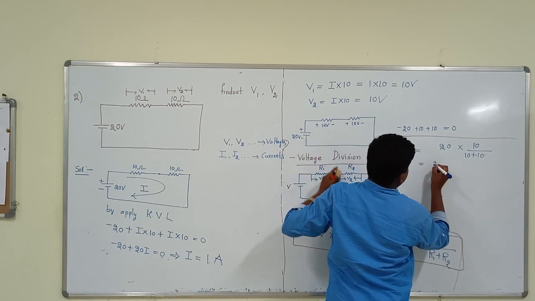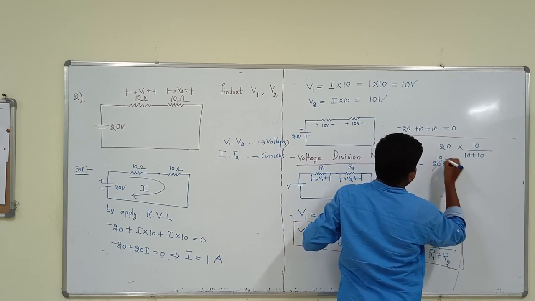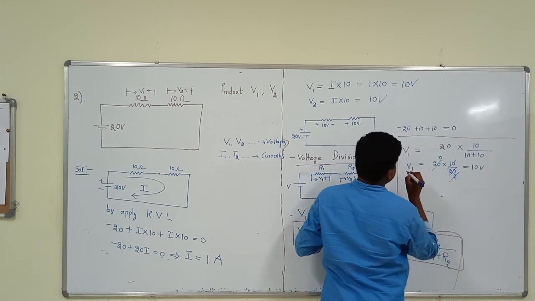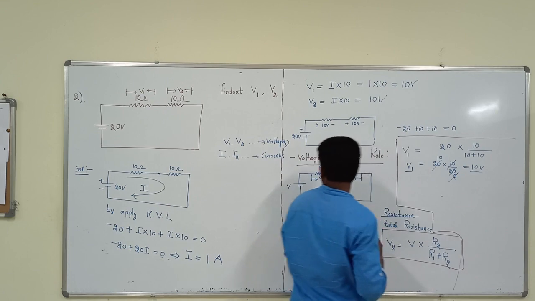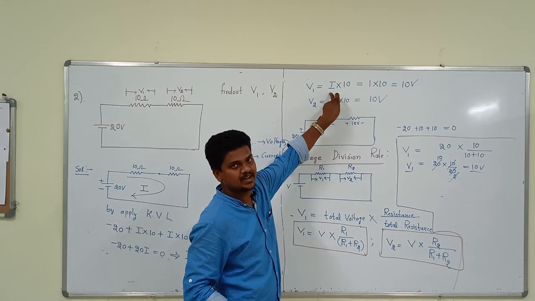So simply you will get 10 by 20, 2 times 2, 10, that is 10 volts. Observe here, we get the V1 value simply as 10 volts, right?